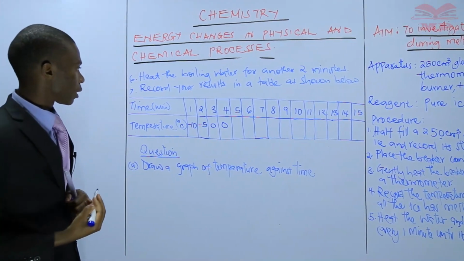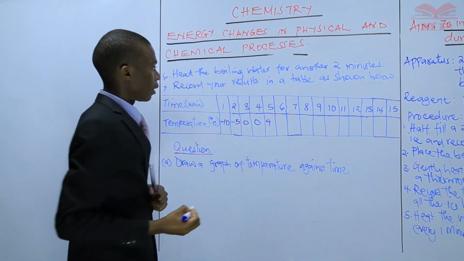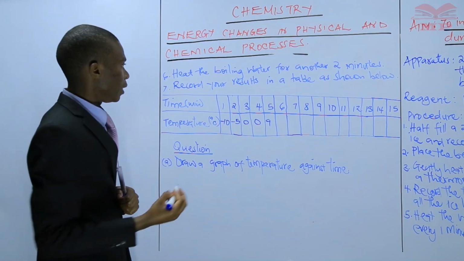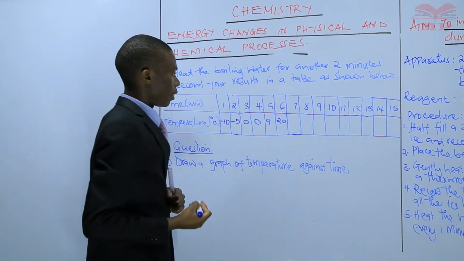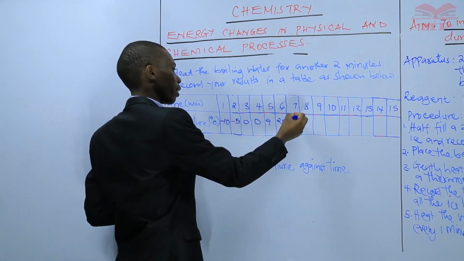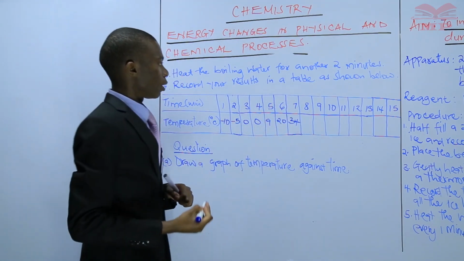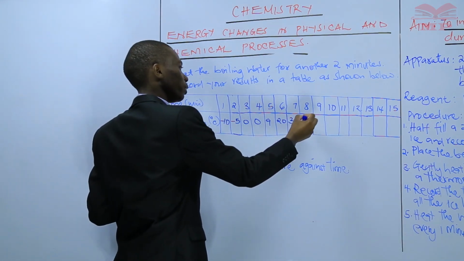In the fifth minute, you have 9. In the sixth minute, you have like 20. In the seventh minute, you have like 34. In the eighth minute, you have 55.